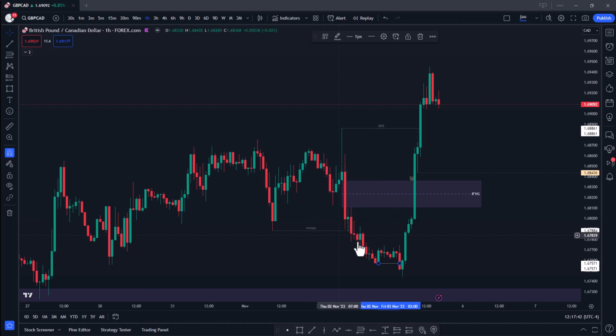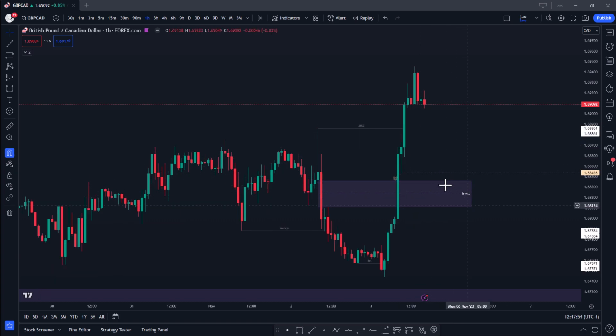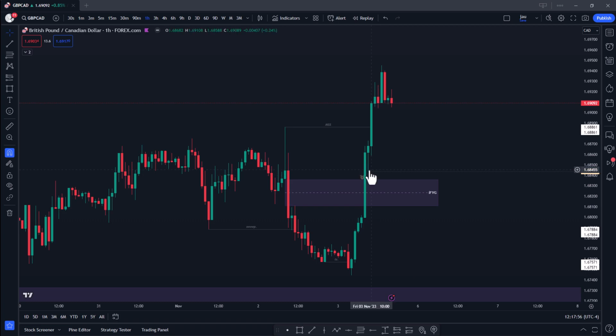We can actually call this a total sweep, because the sweeping liquidity was quick, was within 2 hours. Then a massive push to the opposite direction and a continuation from there. So if price was ever to come back into this inversion, I would consider it. That's why I set the alert there.